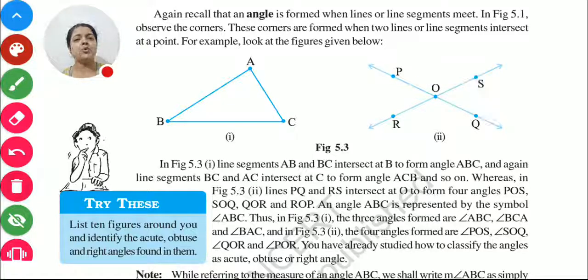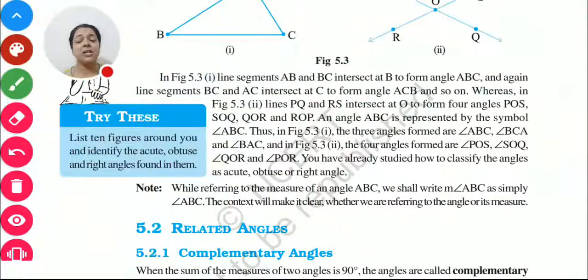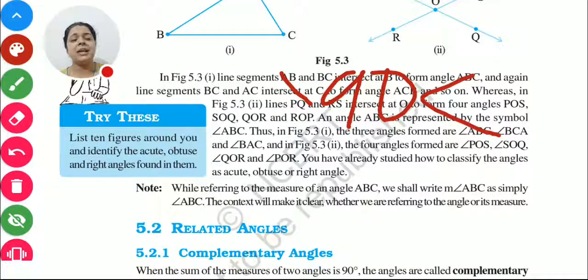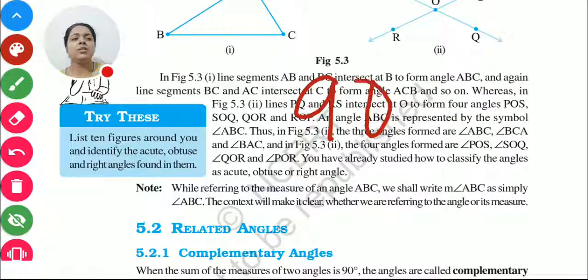And I think you also remember the three kinds of angles. So how many kinds of angles are there? Acute, right angle and obtuse angle, right? Acute angle, which is less than 90 degree. Right angle, which is equal to 90 degree.